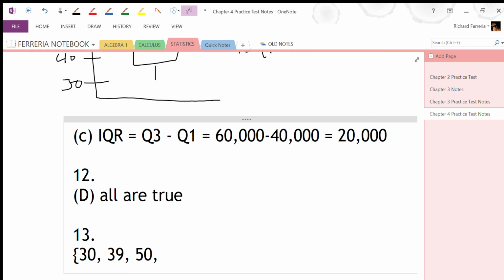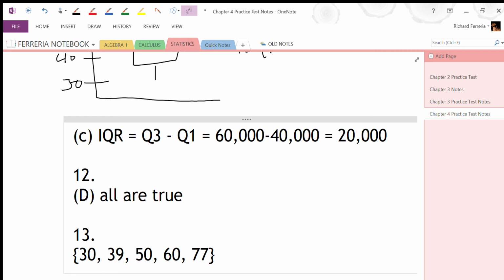Q3 looks like about 60, and the maximum looks like about maybe 77. Again, those are all estimates. If this were actually a multiple choice test, you would pick the number set which is most similar to this. Okay, that's 13. Anything else you want to prioritize, Tiff?